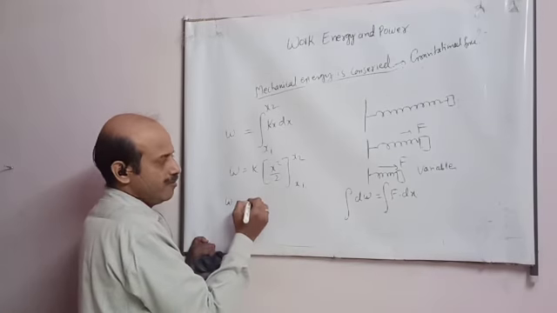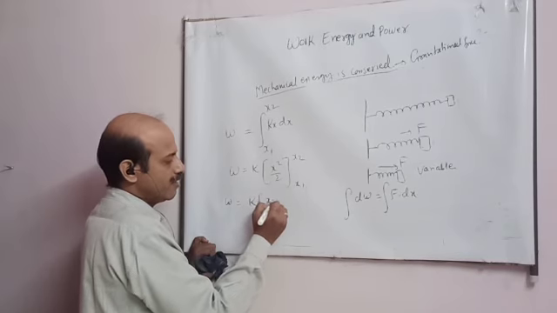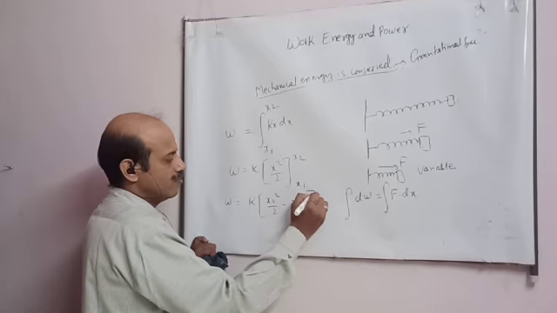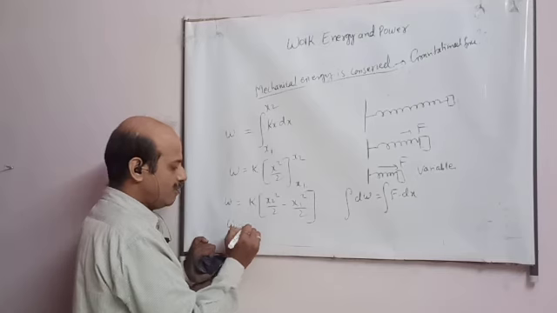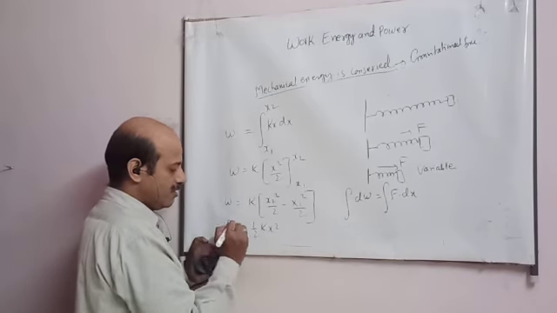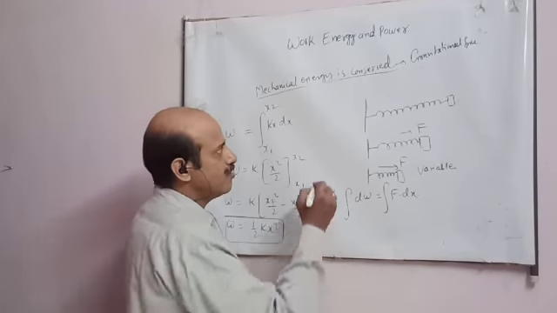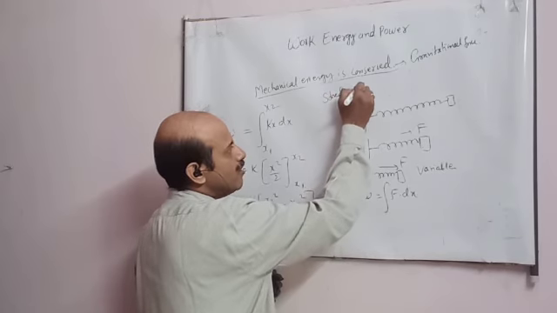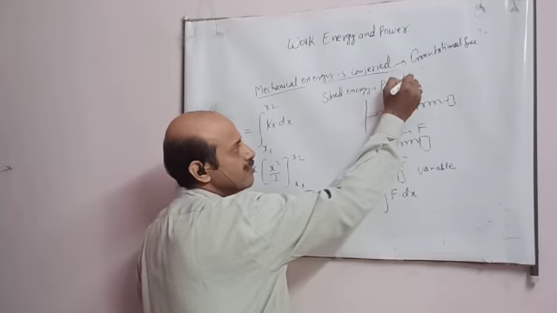So work done will be k times x2 square by 2 minus x1 square by 2. If I take the initial position to be 0, the work done comes out to be half k x square. This is the total work done, and this work done becomes the stored energy, known as potential energy.